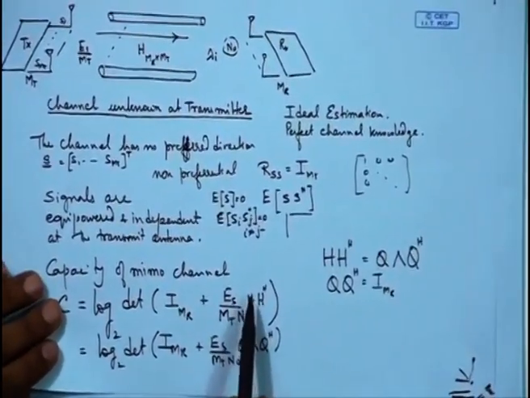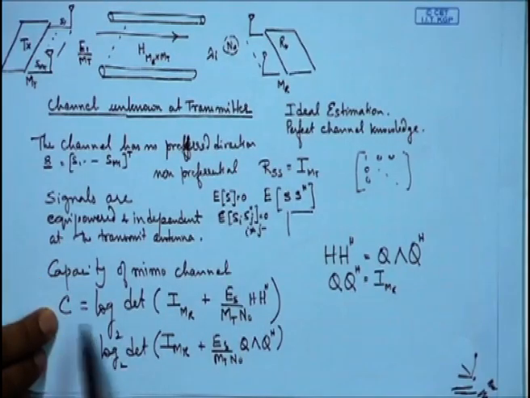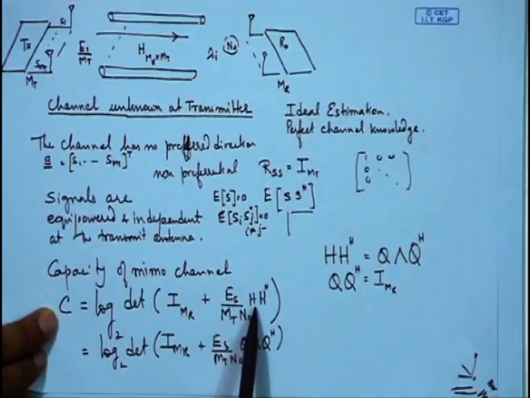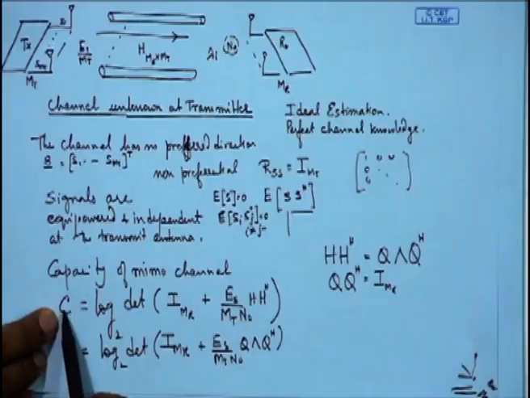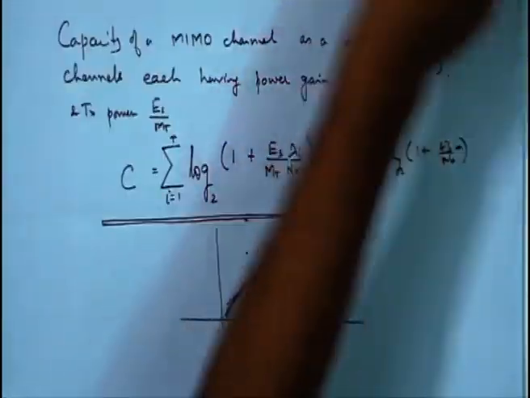So what we are trying to say is what properties of H would lead to the best value of C, because this is for a given set of H. If it is for a given set of H, then C is a function of H. So if H is random, C is also random. We'll see those things in detail, but as of now we are trying to find out what property of H would lead to the maximum value of C.